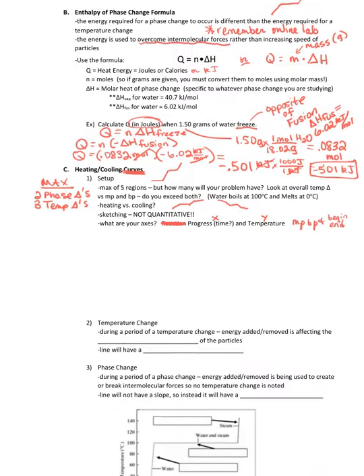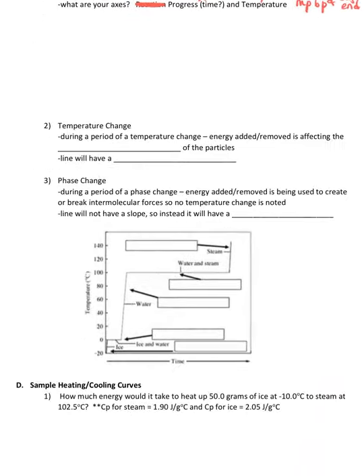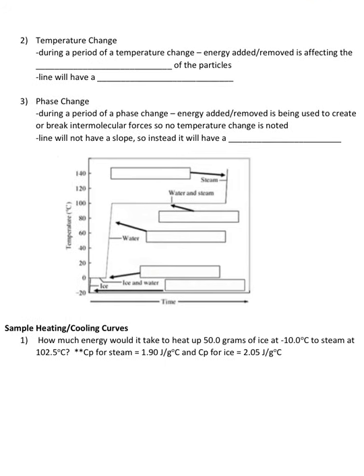All right, so next we have temperature change. As I mentioned, you could have some temperature changes in here. Note that when you do a temperature change, that's when you're going to be using that equation we learned the other day, Q equals mc delta T. During a period of temperature change, energy added or removed is affecting the motion of the particles.